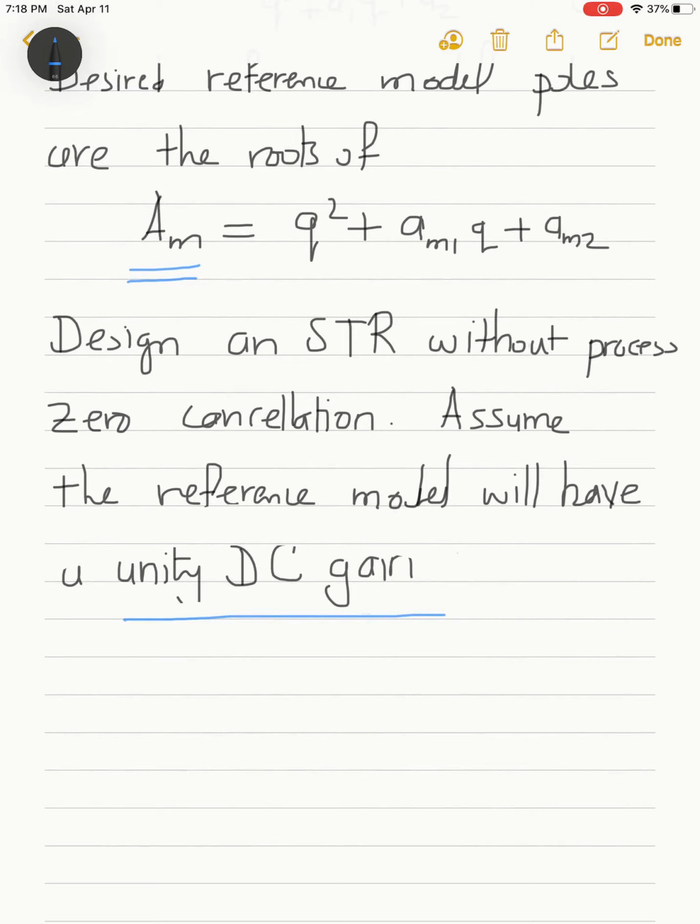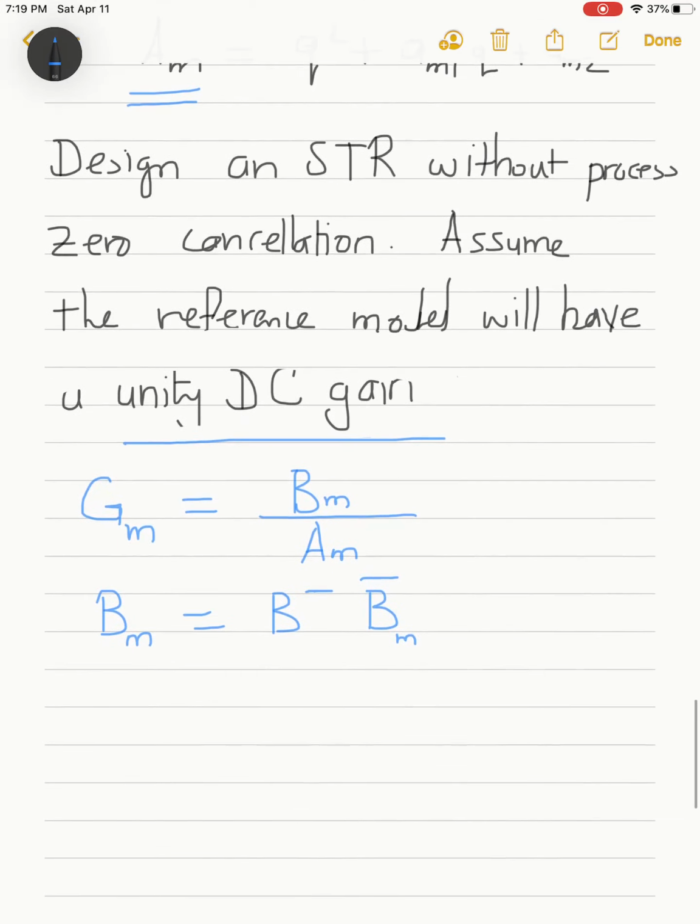So let's assume that the reference model would be given by Bm over Am. We have agreed before that Bm should include the zeros of the process that will be retained, and some other factor, I will call it Bm bar. Now since here we are not going to cancel the process zero, we know that the process zero is given by b0 q plus b1.